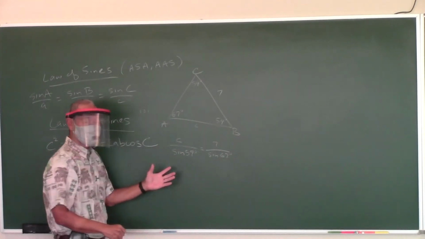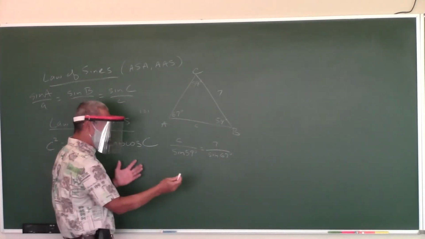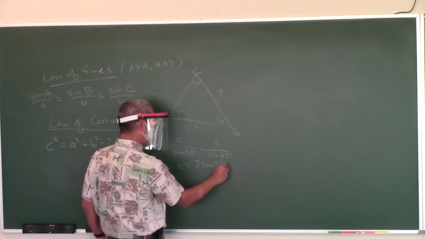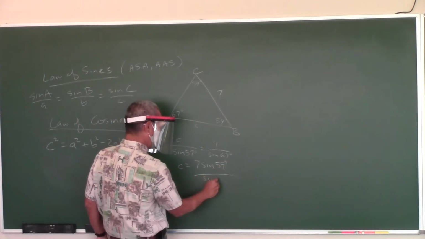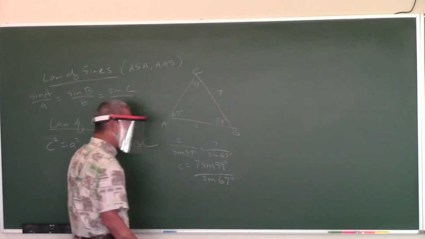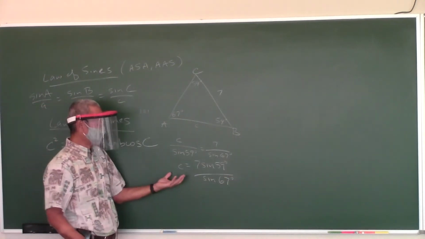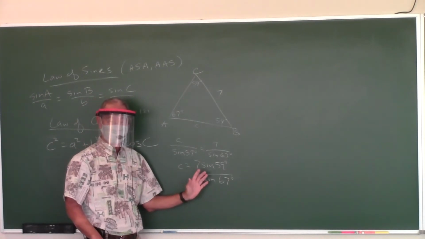Of course, if you want to solve for C, you go C equals 7 sine 59 degrees over sine 67 degrees. Punch that in a calculator. That's your answer. However, there's no way there's going to be a problem this easy.